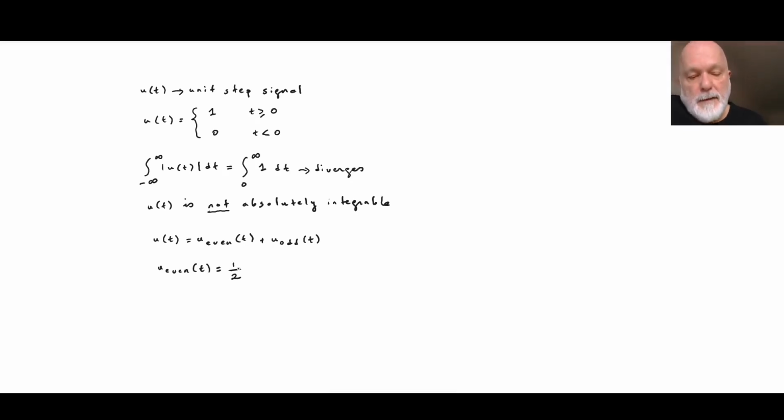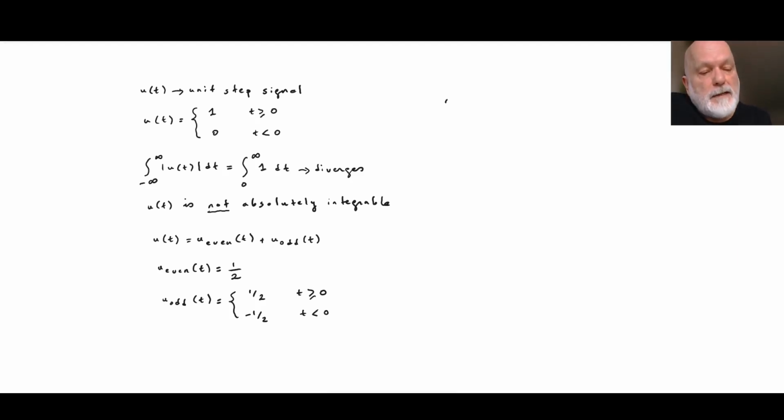And the odd part of u(t) is equal to 1 over 2 for positive values of t and minus 1 over 2 for negative values of t. Here we may have an equality, or we may just omit the equalities and write it as inequalities. So this u(t) can be decomposed as the superposition of its even and odd parts.